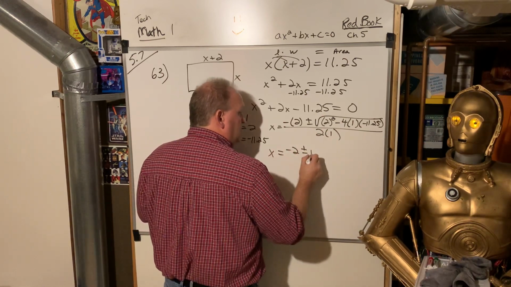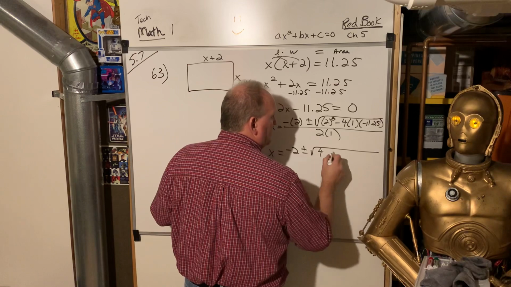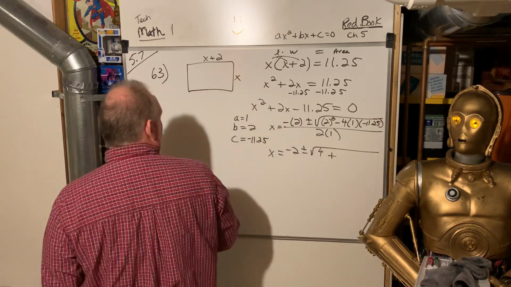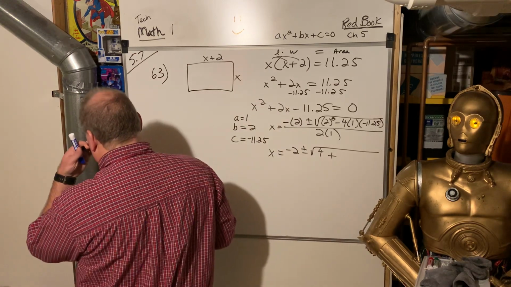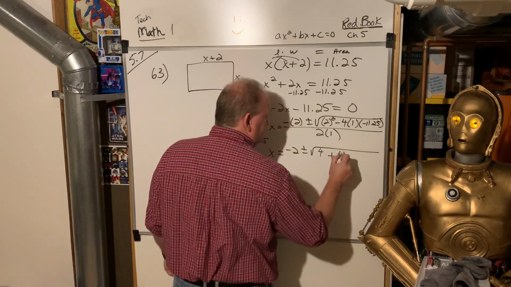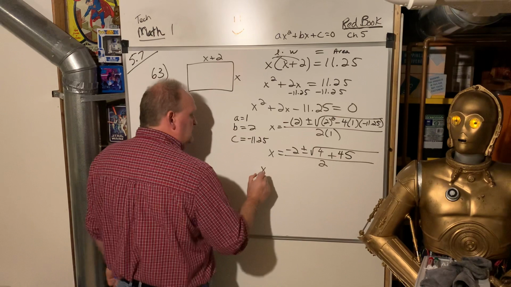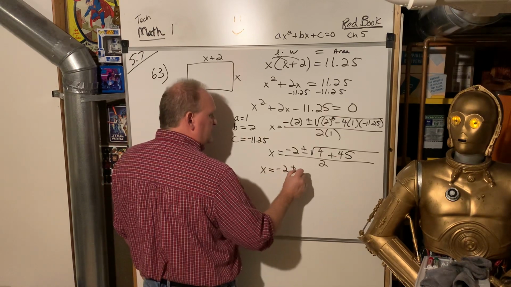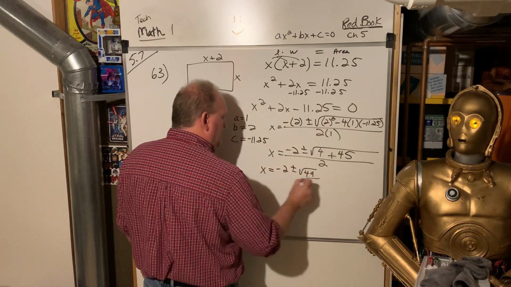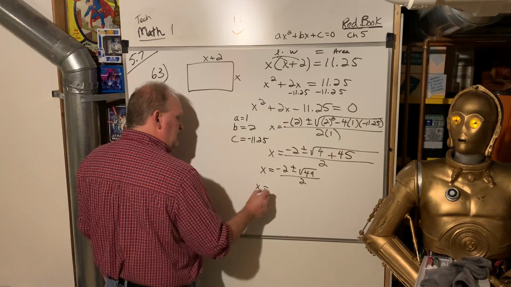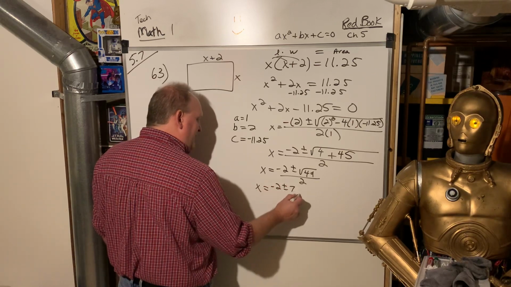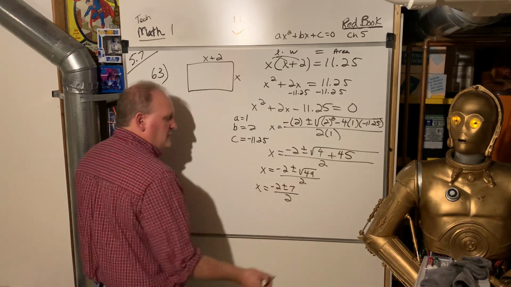So negative 2 plus or minus the square root of 4 plus, what is that? I think 45? All over 2. Oh, so this one does work out nice. Negative 2 plus or minus the square root of 49 over 2. That is negative 2 plus or minus 7 over 2, right? The square root of 49 is 7.